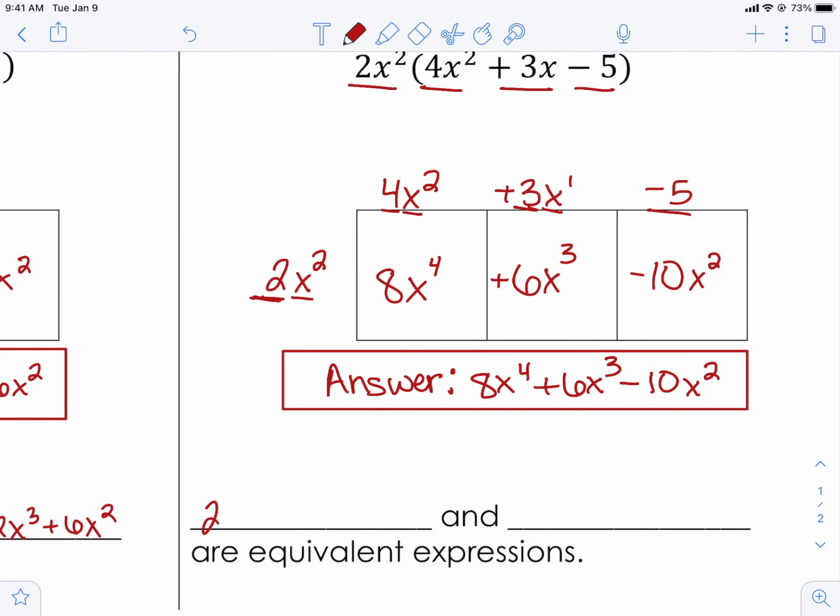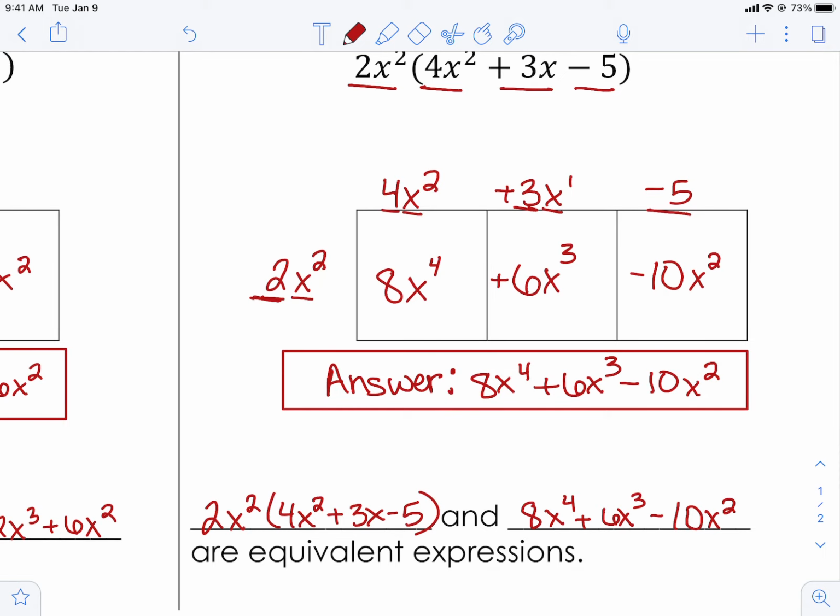Again, it's what we started with, the 2x squared times 4x squared plus 3x minus 5, and 8x to the fourth plus 6x cubed minus 10x squared.